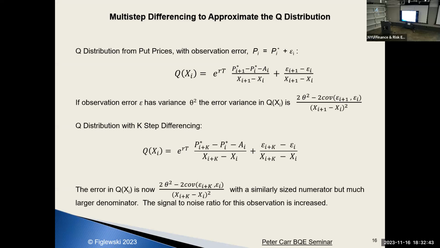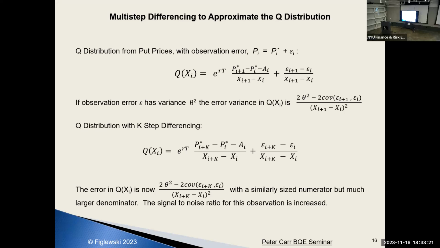So what I thought about doing, what I saw actually kind of works is, as you saw from the jiggly Q distribution, red and blue curves I just showed you, there's a lot of noise at the very short interval. Suppose we take differences over a bigger interval. Instead of taking from observation I to I plus 1, let's take it from I to I plus some other number, 3, 5, 10. I find 3 works pretty well.